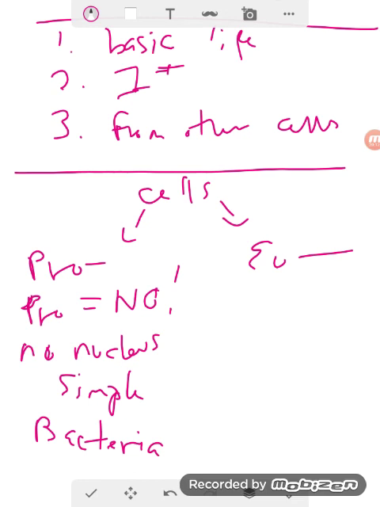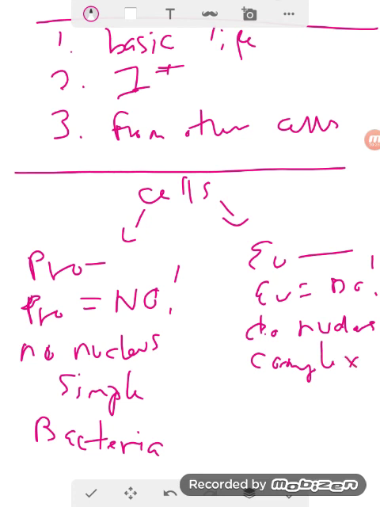Versus when I look at eukaryotes, which means you do have a nucleus. And since you have a nucleus, you are seriously complex. And if you are super, super complex, then we're looking at 3 big groups.